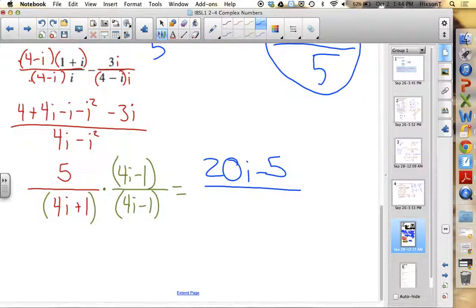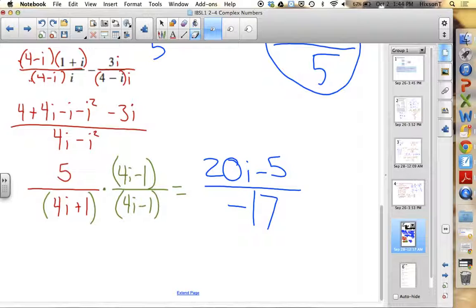Yeah, sorry, I had the i on the wrong term. 16i squared is a negative 16 minus 1, negative 17. Okay? And you can stop right there. You don't need to try to simplify any further.